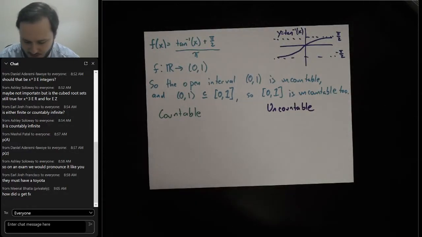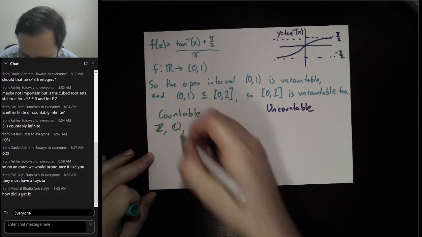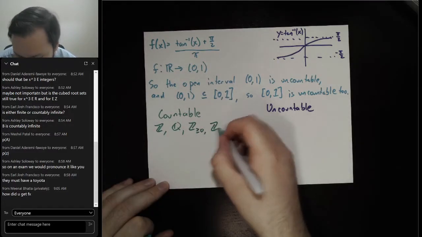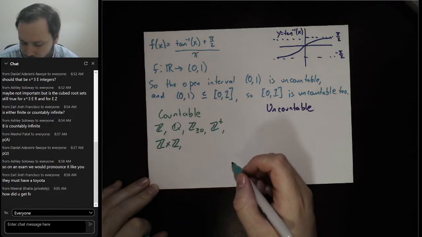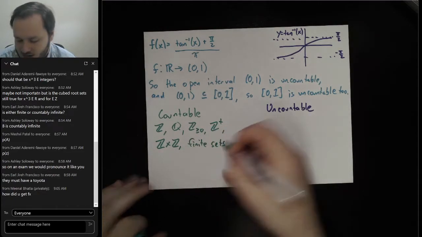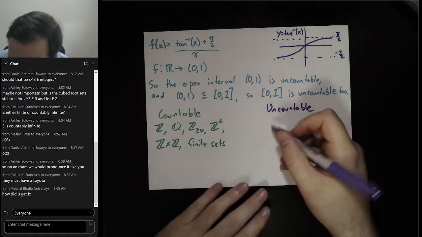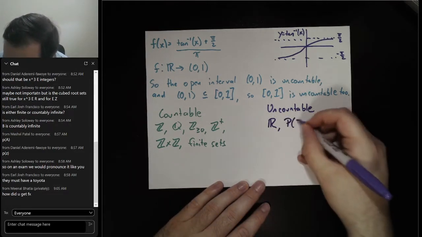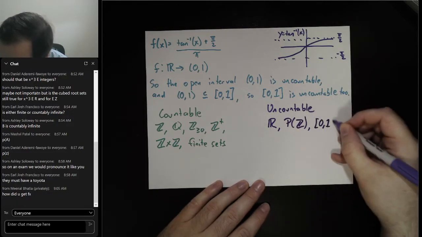Over here, we have things like the integers, the rationals, the non-negative integers, the positive integers, pairs of integers, finite sets. All of these things count as countable. And now uncountable sets, we have things like the real numbers, that's the big one. We also have the power set of the integers. And we have the interval 0, 1.